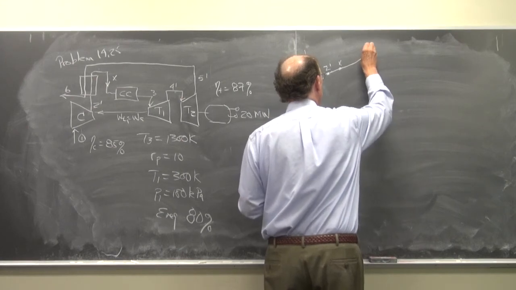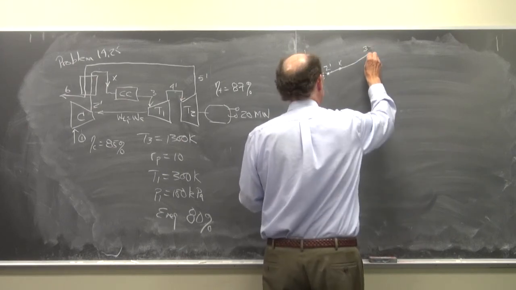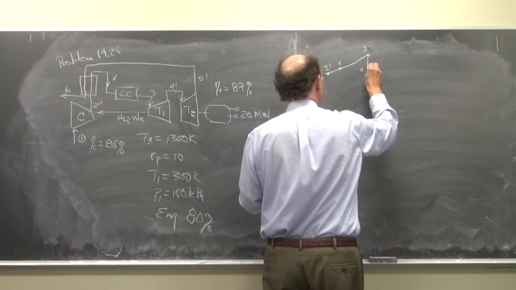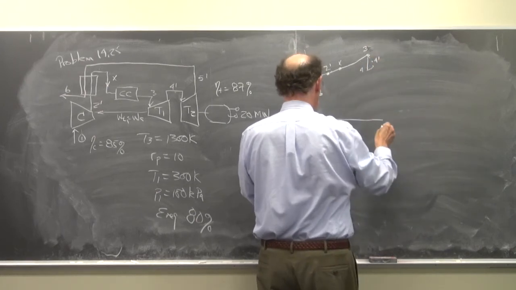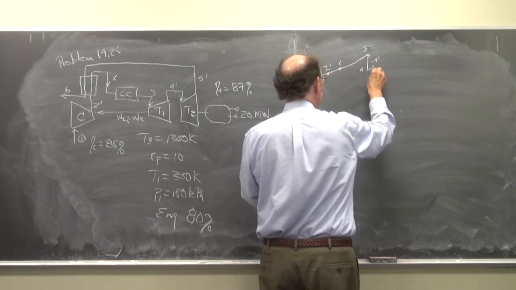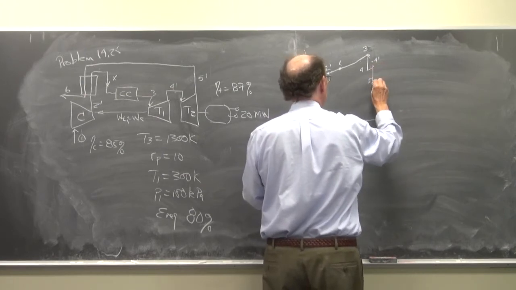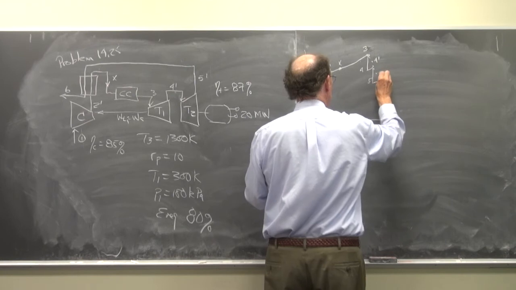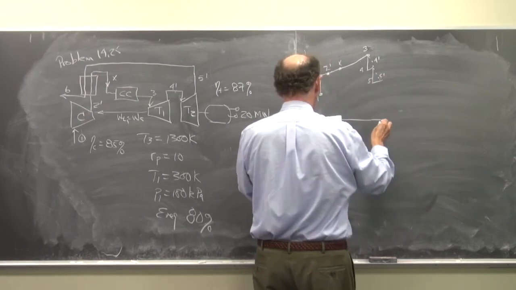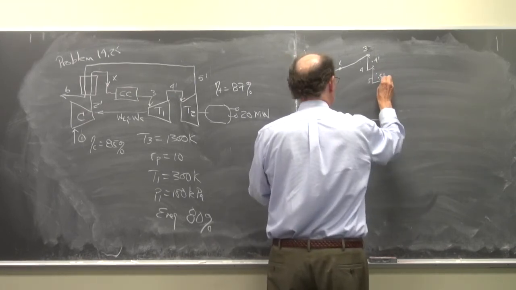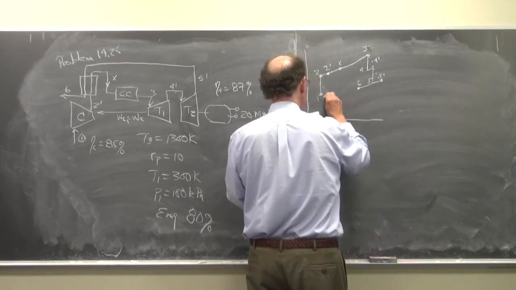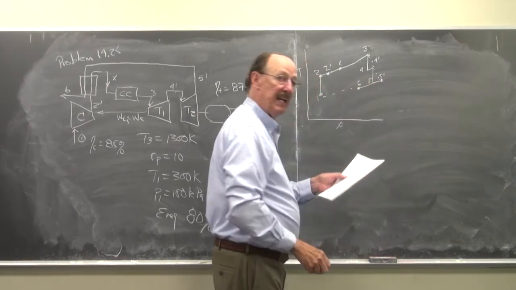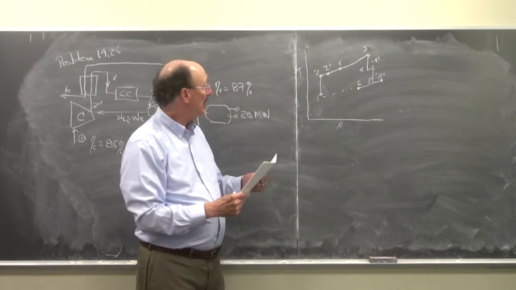Expands ideally to 4, but we're actually going to 4 prime. And then, ideally, it was 5, but we're actually going to 5 prime. And then we're going down to 6, where it leaves. And that's what the TS diagram looks like.